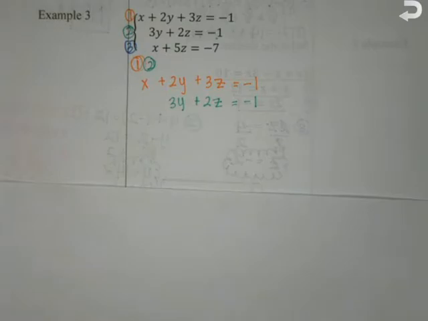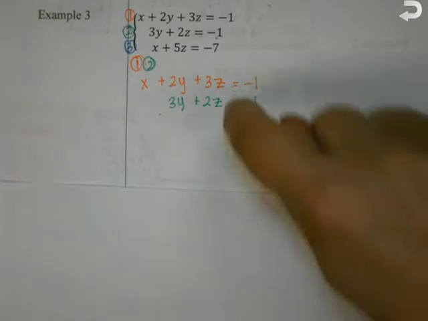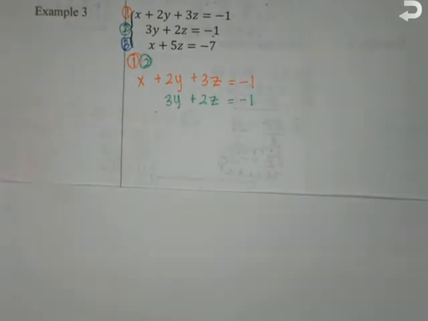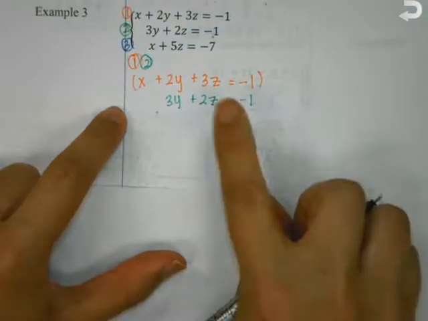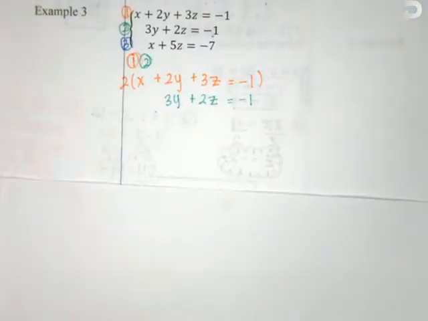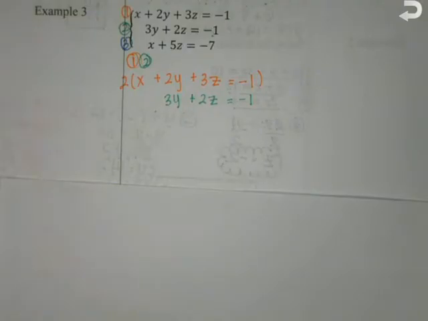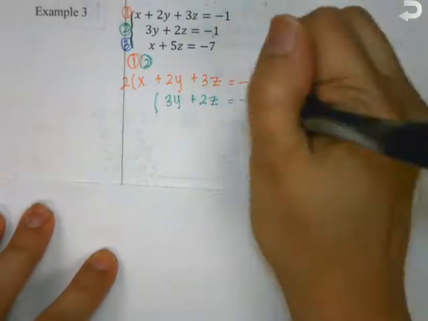So what do I need to multiply by to get the z's to eliminate? We have to multiply the top by 2. And that means we need to multiply the bottom by, well, we want one to be negative, so -3. Okay, I'm just going to rewrite the equations off to the side here.